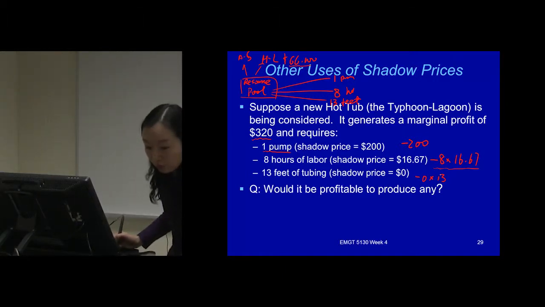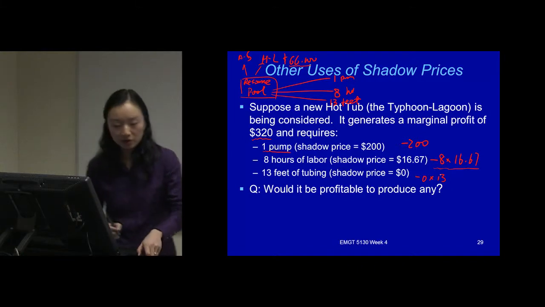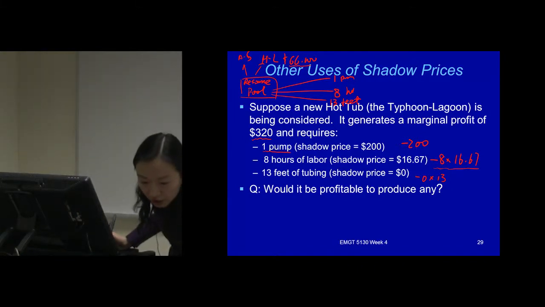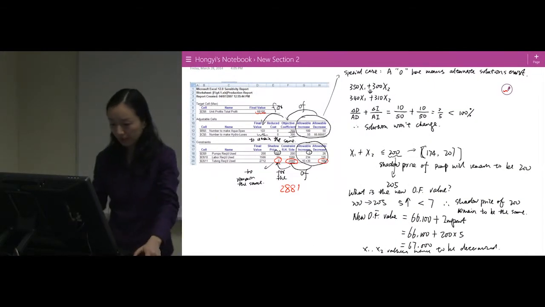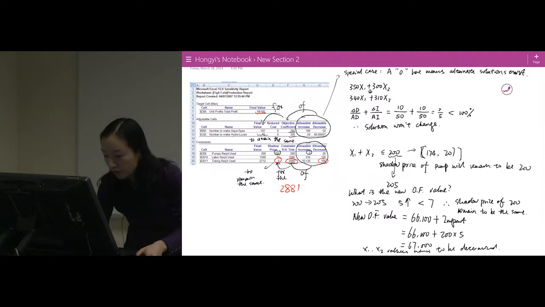Actually, before we can do this, one thing we need to check. So go back here. The first thing we need to check is, we want one pump, 8 hours of labor, and 13 feet.